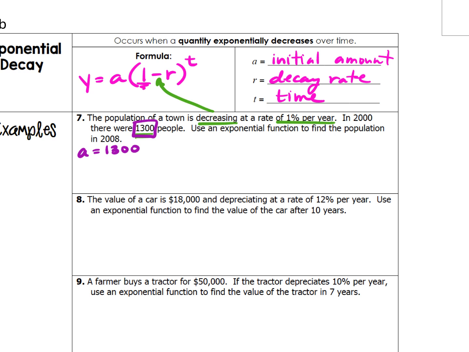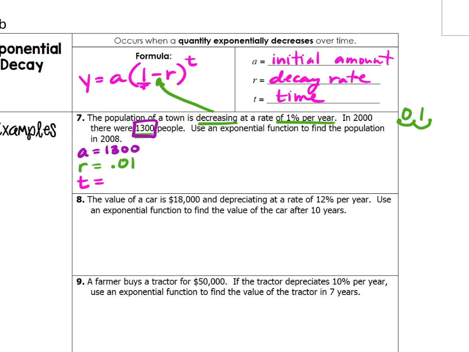Okay. Can you tell me the rate? How do you write that? 0.01, right? You're taking that 1%, so the decimal would be here, and you're moving it 2 places to the left, which means you have to drop a 0 in, okay? So 0.01, and then your T, this is the one that's a little bit trickier right now.